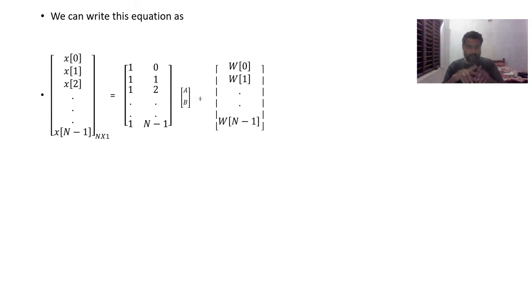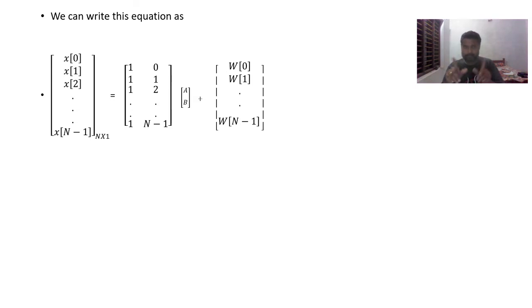So x of 0, x of 1, x of 2, etc, x of n minus 1, that is represented as x of n, and 1 0, 1 1, 1 2, etc, 1 n minus 1, that is also an n cross 2 matrix. That is multiplied by the terms for a and b, and ab is nothing but theta, that is 2 parameters. It consists of 2 unknown parameters, that is a and b.